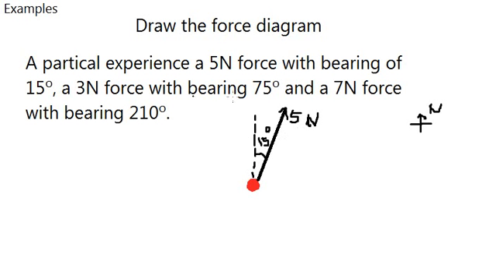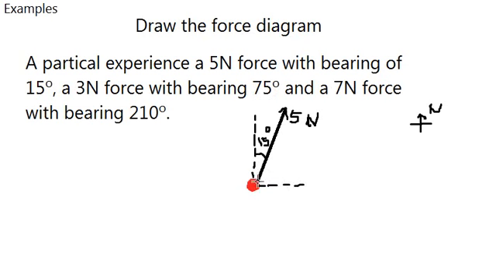let's do 3 newtons. So that is an arrow of 3 newtons, which has a bearing of 75 degrees. We know that this can go across 90 degrees to the eastward direction. So this is 90 degrees. So we've got 90 degrees, we just need to take away 15 degrees from this point on.